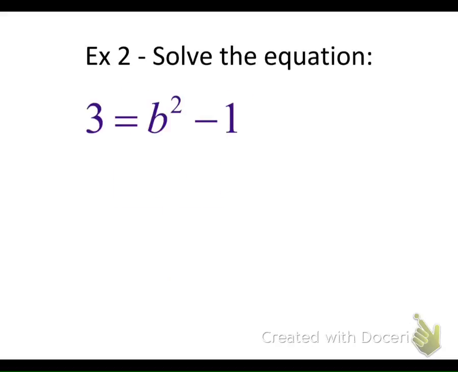All right, let's take a look at the next one. This time the square is just on the right side of the equal sign. Not a big deal. We follow the same steps. We draw our line of equality. We circle our variable. And then I'm going to box only what's being squared. What's being squared here? Just the b.